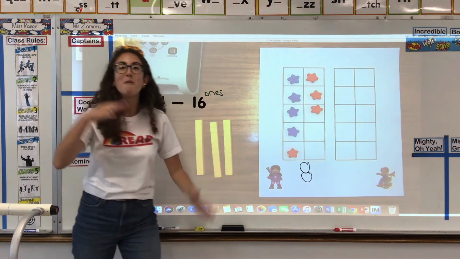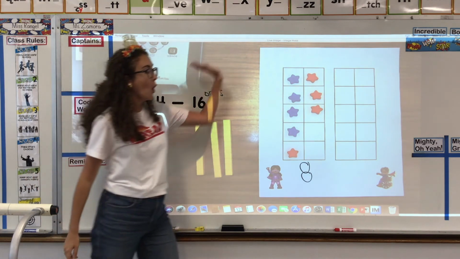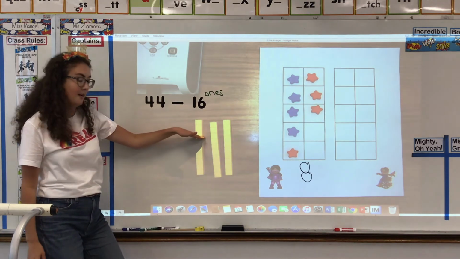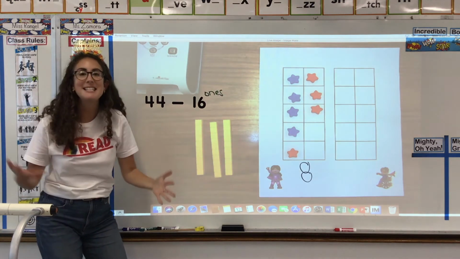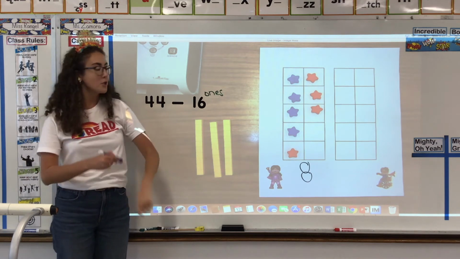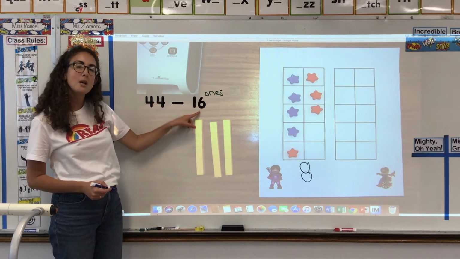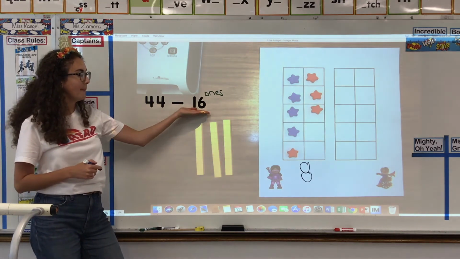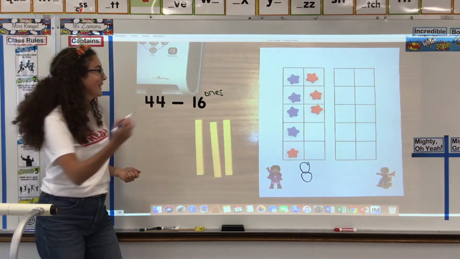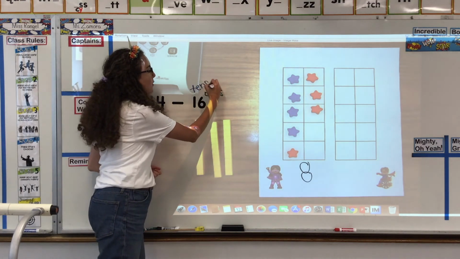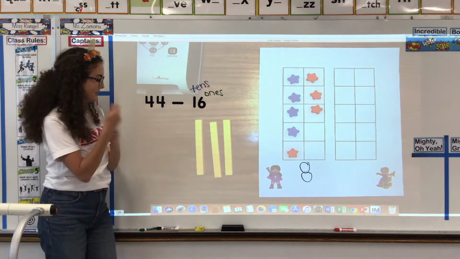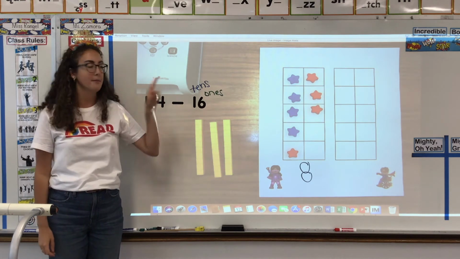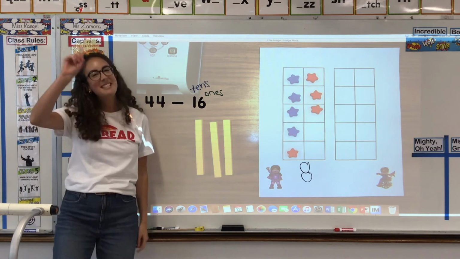Okay, are we done? No, we're not. What do we have left to do? We subtracted our ones, but now we need to subtract the tens, of course. So looking at 16, what number is in the tens place? The 1. The 1 is in the tens place. So, how many tens do we need to take away? Just 1.